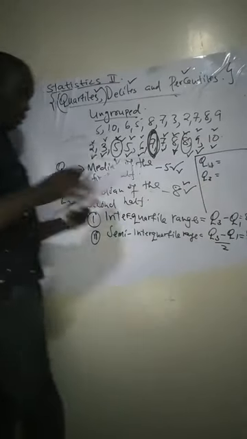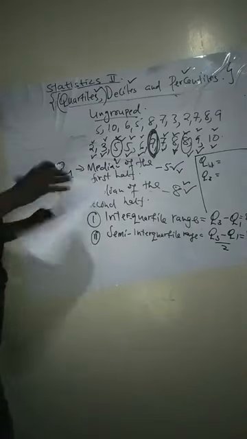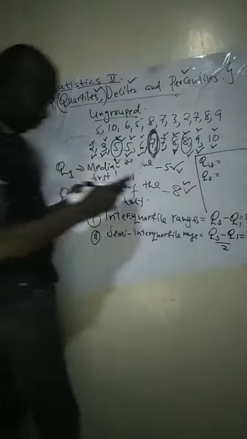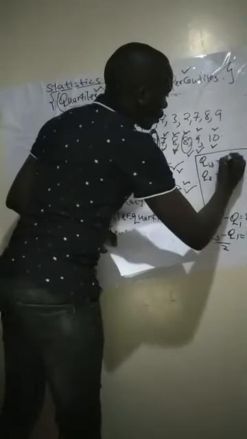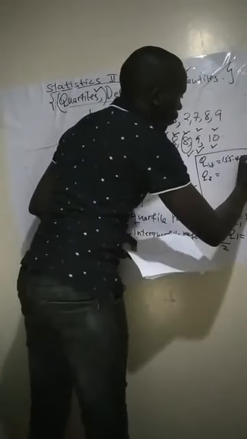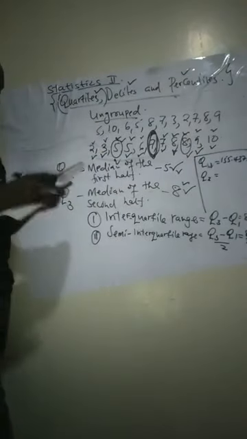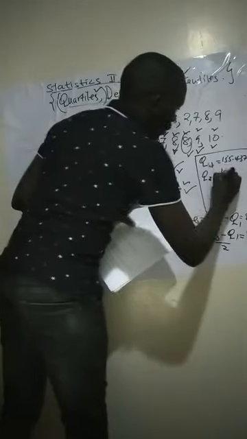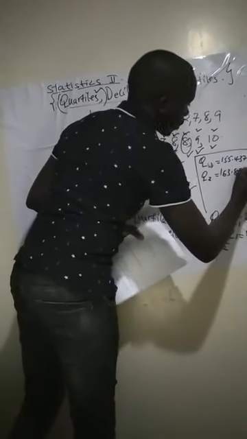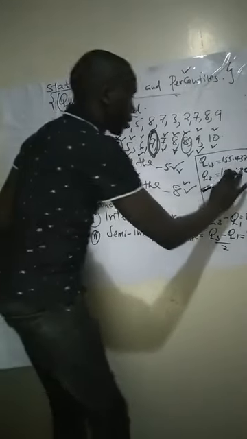So Q1, in that case, I got the answer as 155.4375. Then for the upper quartile, I got the answer 163.3889.